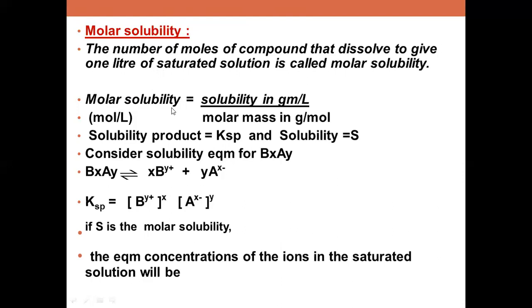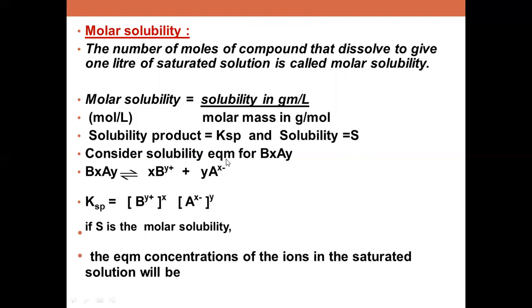Molar solubility is expressed in moles per liter and it equals the solubility in grams per liter upon the molar mass in grams per mole. The solubility product is denoted by Ksp and solubility is denoted by S.